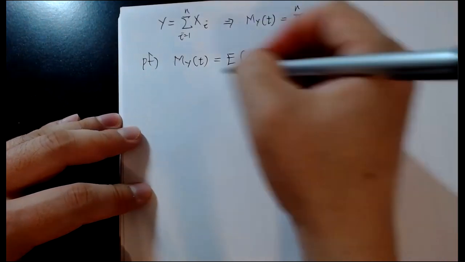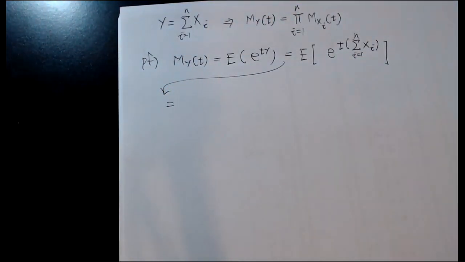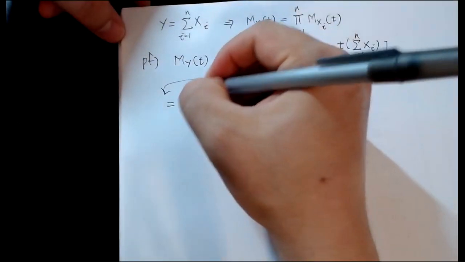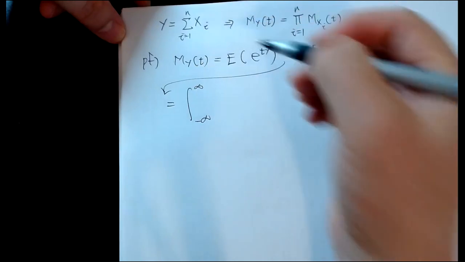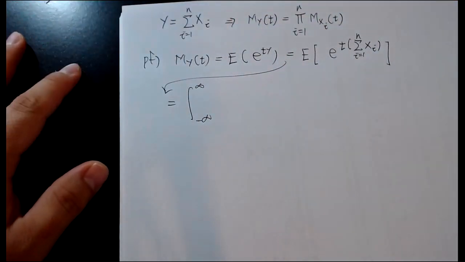So now that is equal to, since we assume that X1 to Xn are continuous random variables, this is going to be an integral from negative infinity to infinity, which we learned in 5.6, linear functions of random variables.